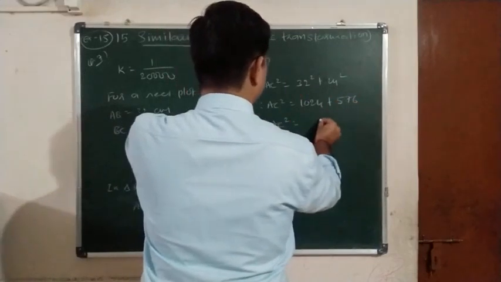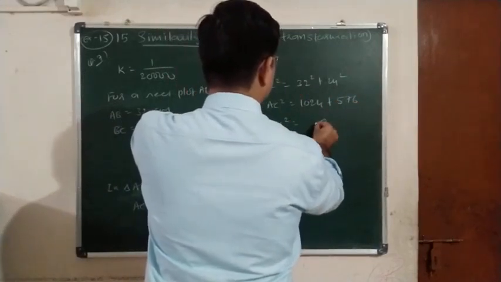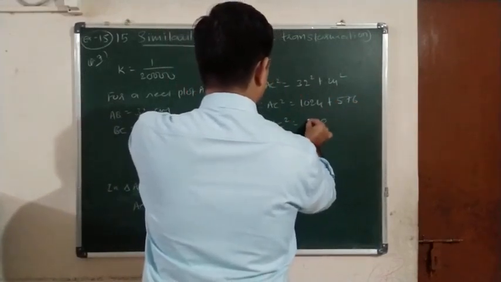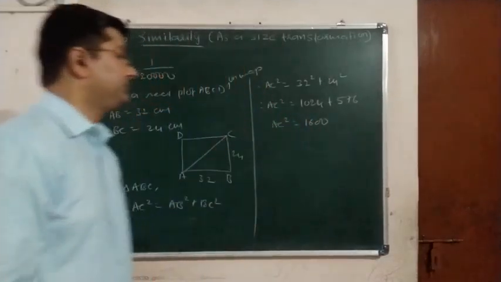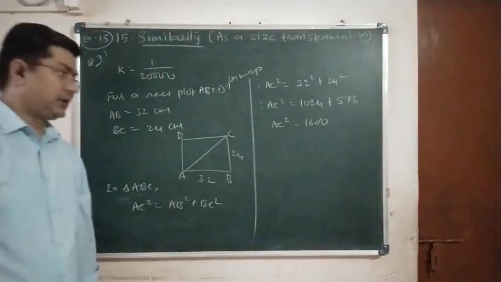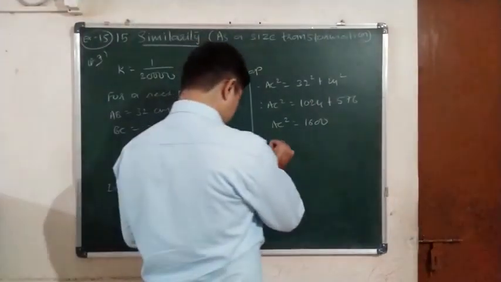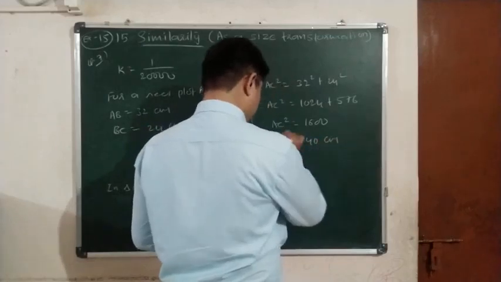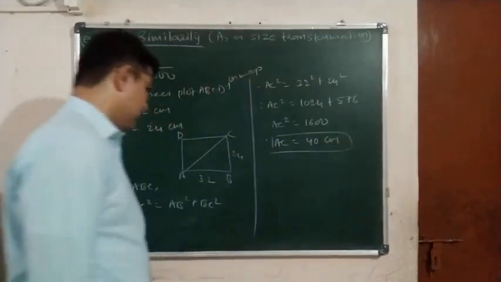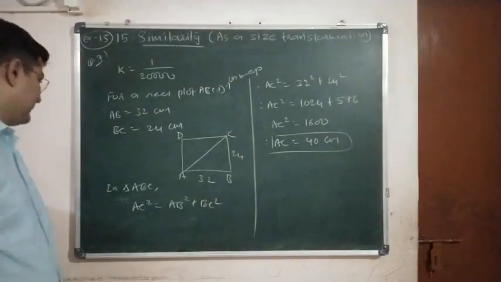Therefore AC square is equal to 1600, and therefore AC, that is the diagonal length, will be 40 centimeter. Okay, so we got the diagonal length.